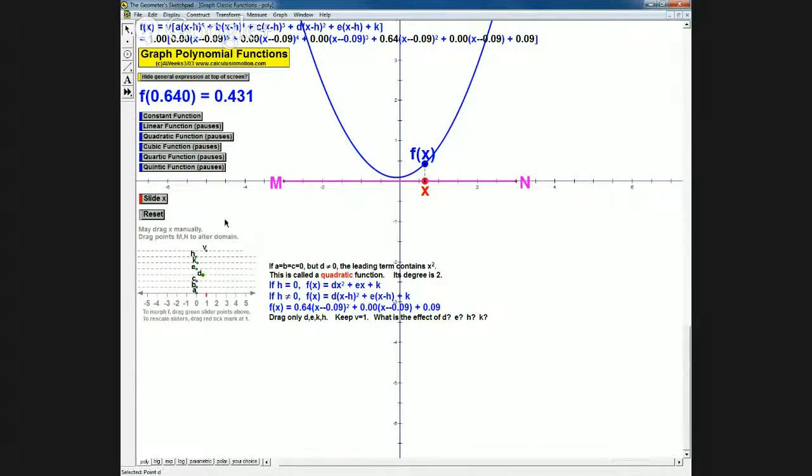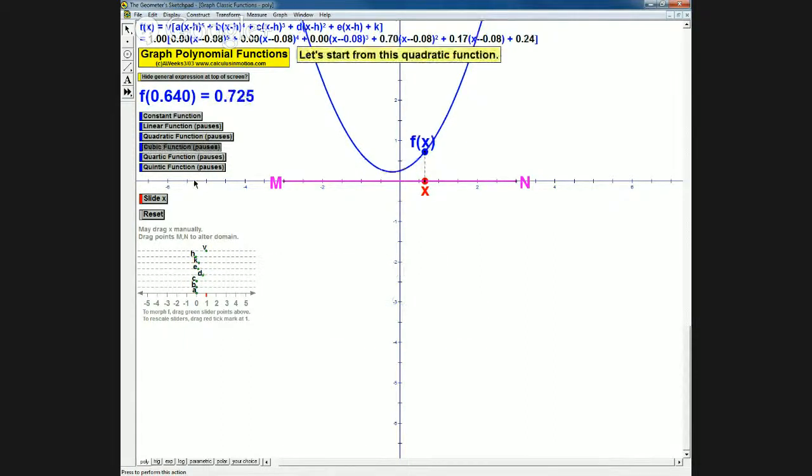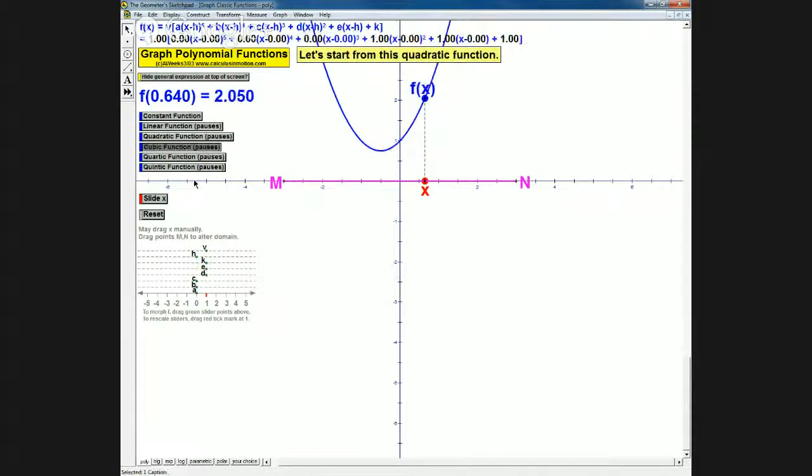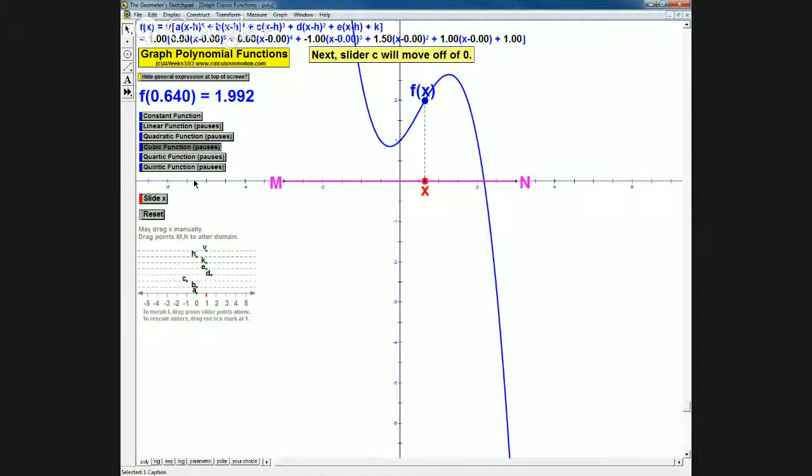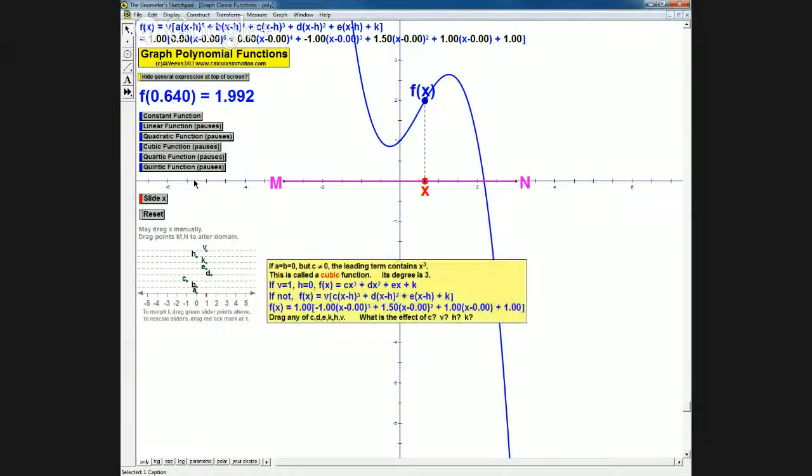Okay, so we have a quadratic, a cubic, that's actually a negative x cubed. Notice it goes opposite.